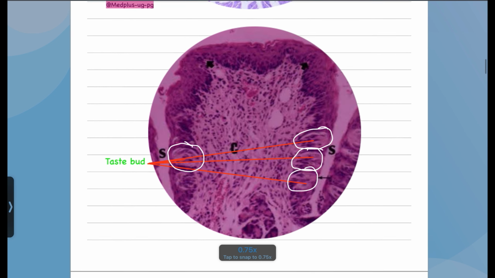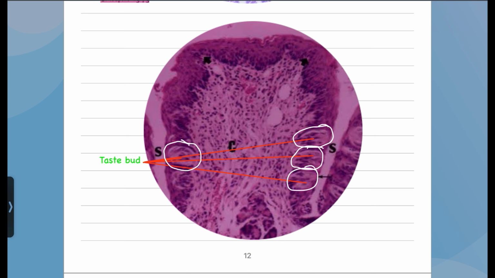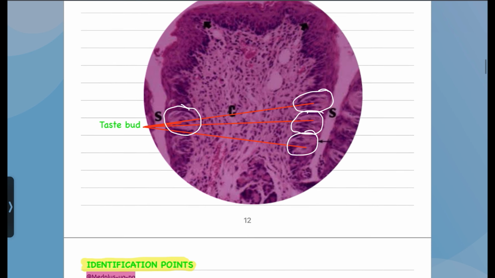Now we will see a proper image of the taste bud. This is a circumvallate papilla which has taste buds at its lateral sides. So as we can see, this is the epithelium, and within the epithelium we have taste buds, which appear as a light zone. So these are the taste buds.